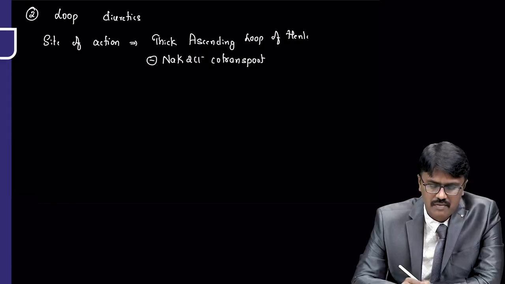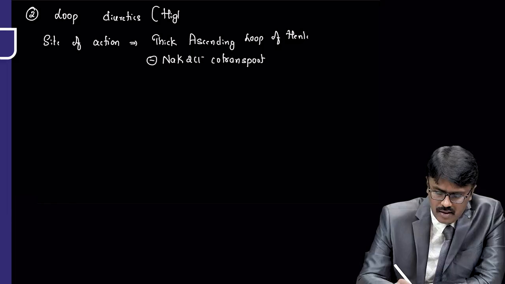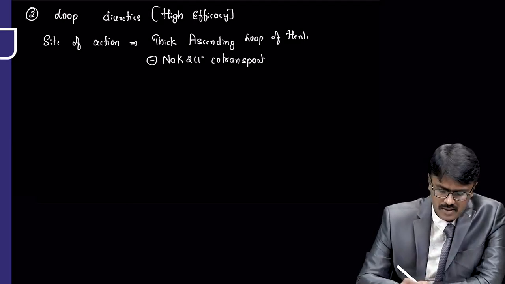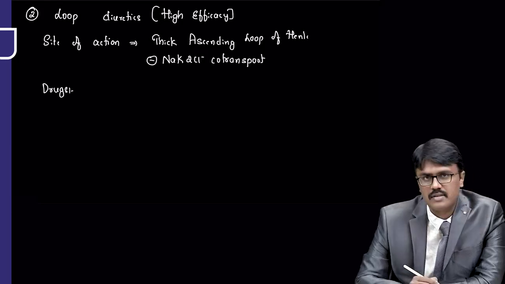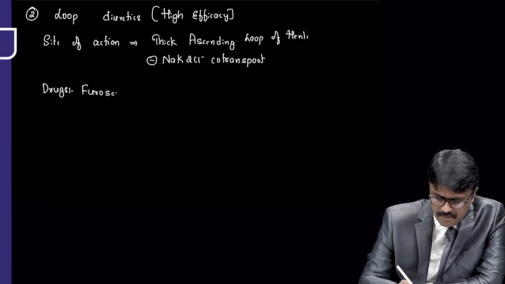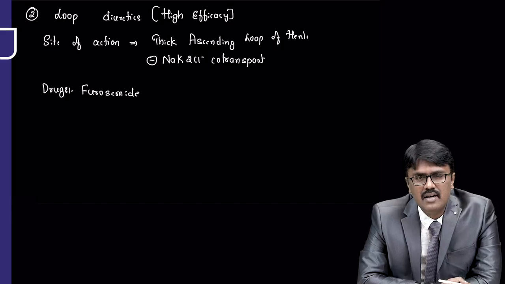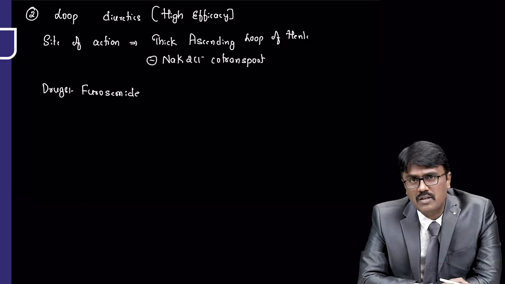Now, once you know the site of action, what is the efficacy of this? These are high efficacy diuretics. Now, once we know this, what are the drugs in loop diuretics? Yes, the drug is furosemide. Furosemide, I know you remember the brand name called Lasix. The name Lasix was given to that because the action lasts for 6 hours.